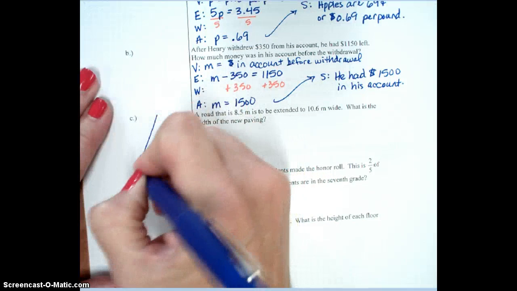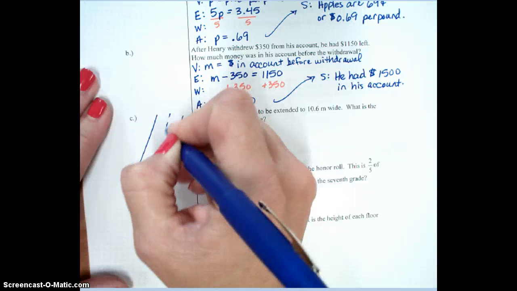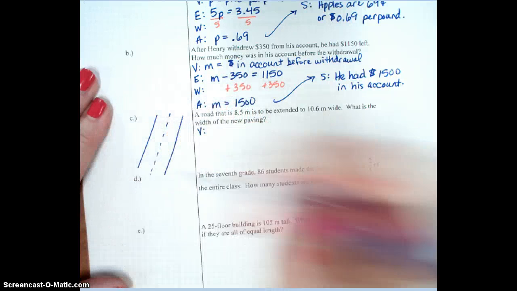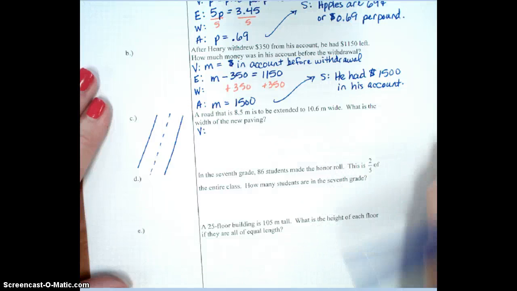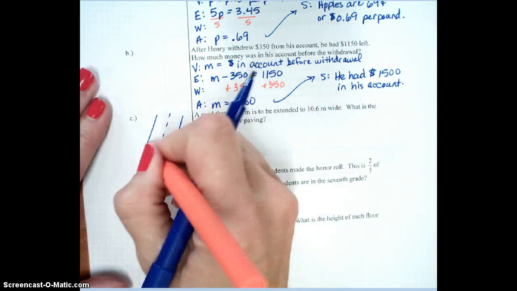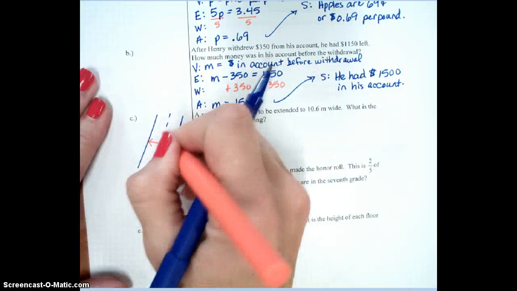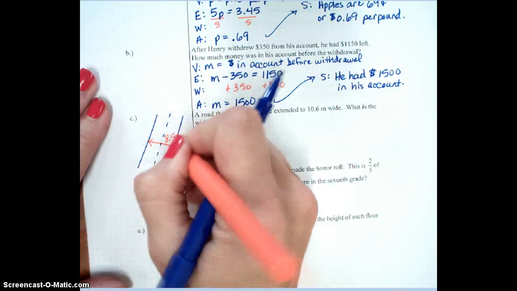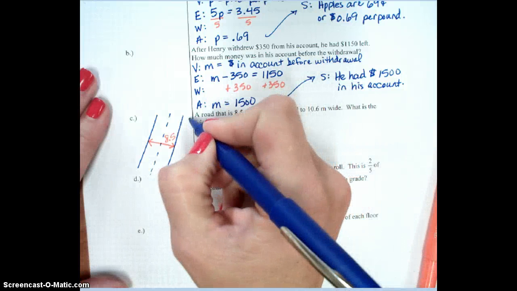It looks like they have a road. Okay, so here's my little road. And right now, this road is, from here to here, 8.5 meters wide. And then they're going to extend the width of it.